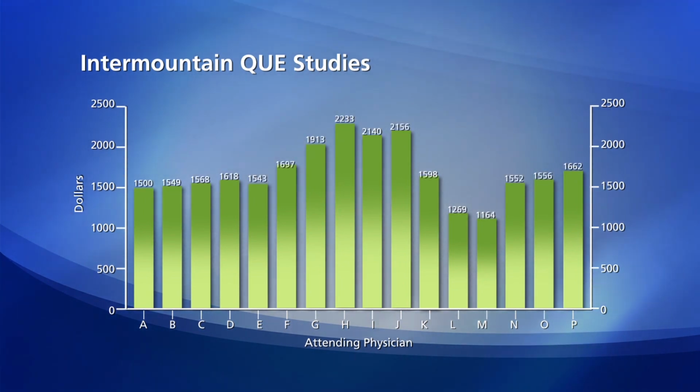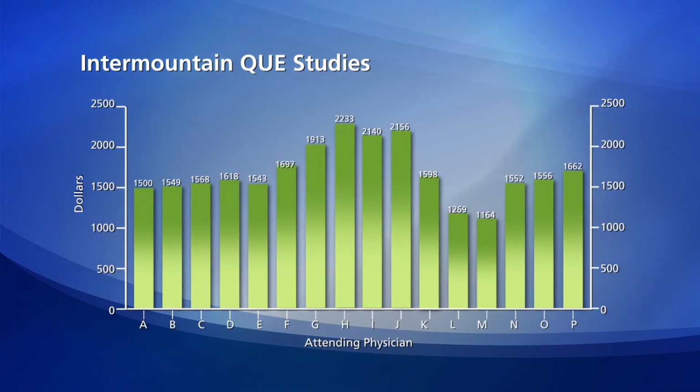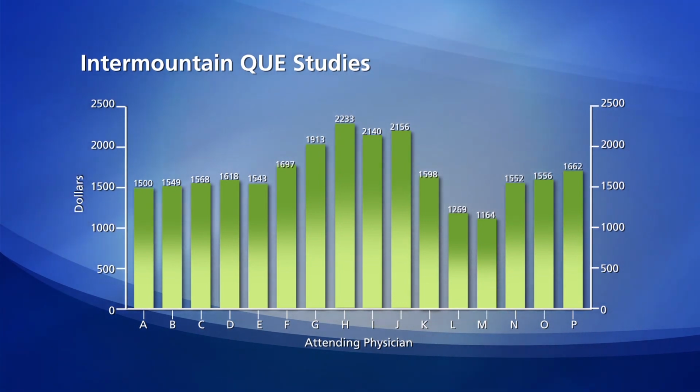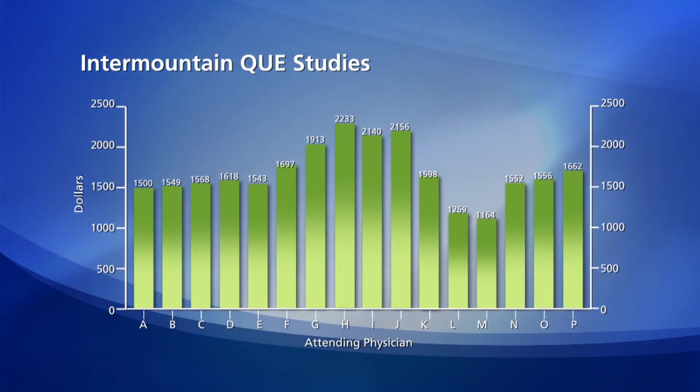A low of about $1,150 per case, a high of almost $2,300 per case. I pointed out that among the 6 conditions that we measured back in 1986 and 87 using this methodology, it was typical to see a twofold difference in cost.